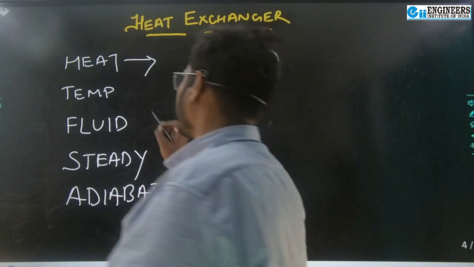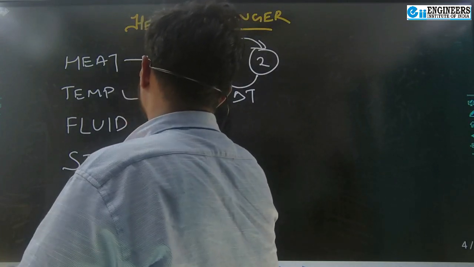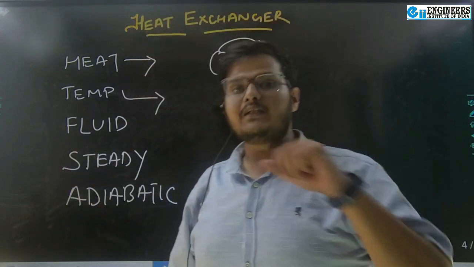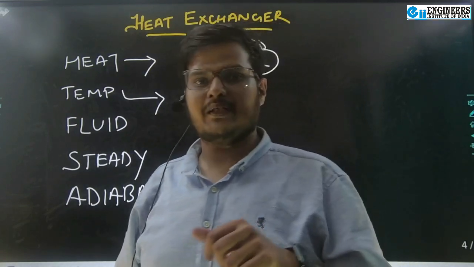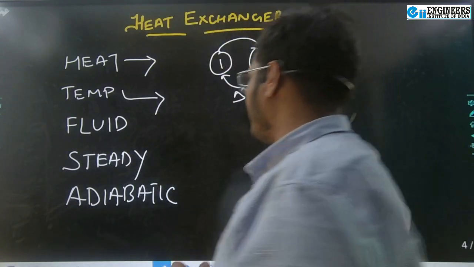So what is temperature? To analyze it, let's recall the 0th law of thermodynamics, which is the basis for understanding what temperature is. What does the 0th law of thermodynamics say?